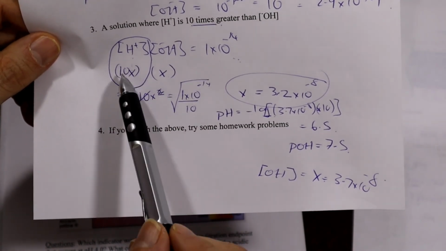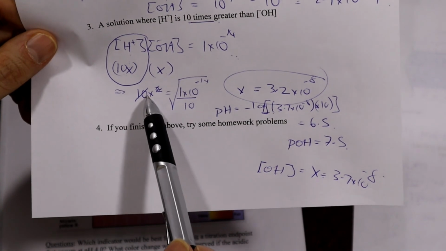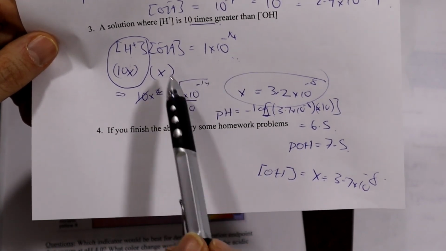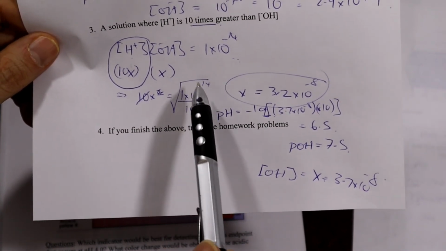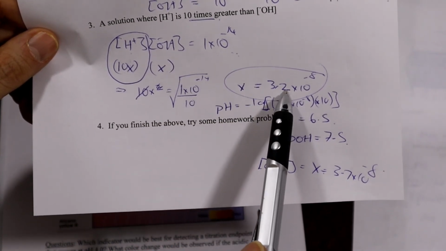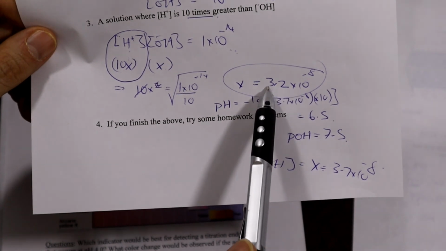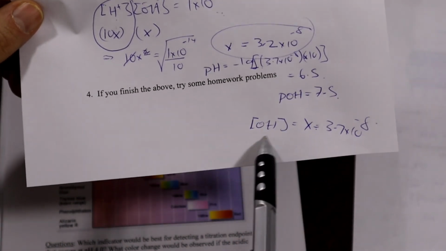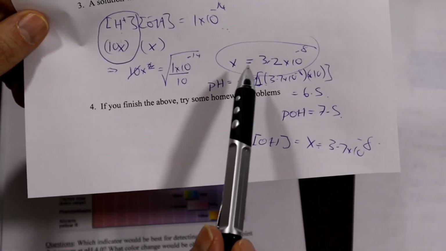Do the math, 10X times X is 10X squared, which equals 10 to the minus 14. Just move it around to find X, which is the OH minus concentration, 3.2 times 10 to the minus 8. We can just write that down there.